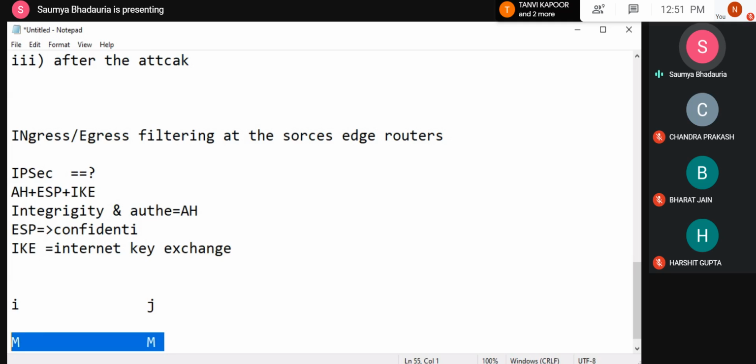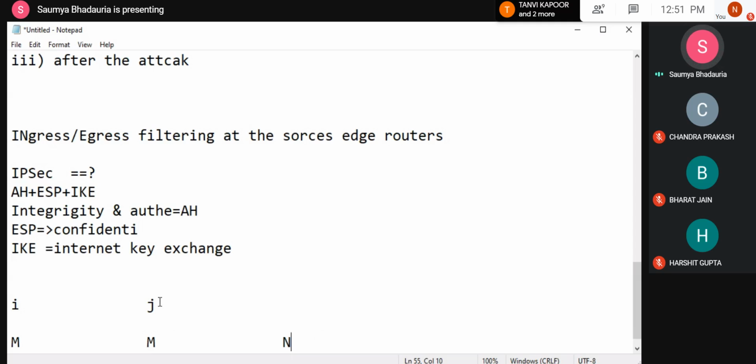Now, if a packet is sent out from host I in network M with the source address of host J, which is also a valid IP address in network M, what is being done? I is sending a packet to, let's say, outside network N, but it has the IP address of J.